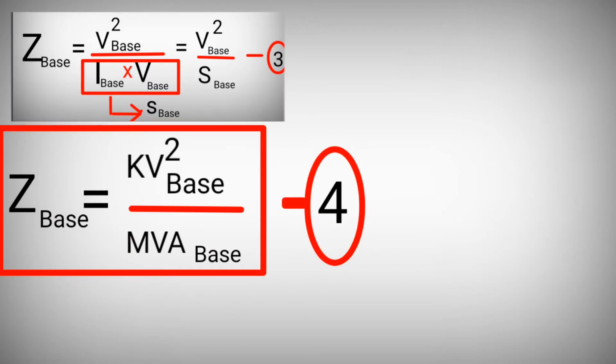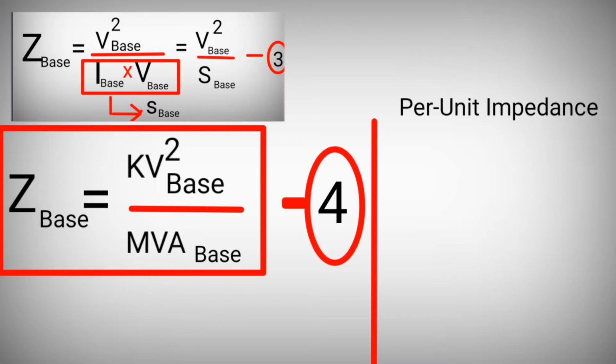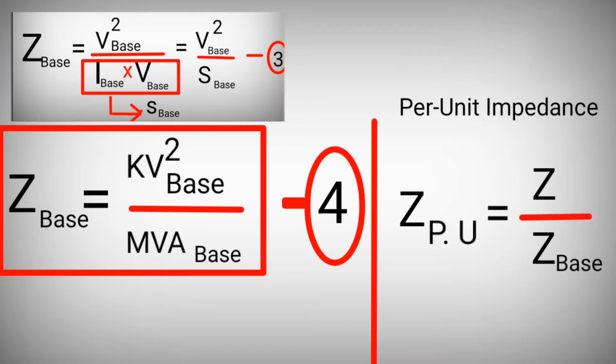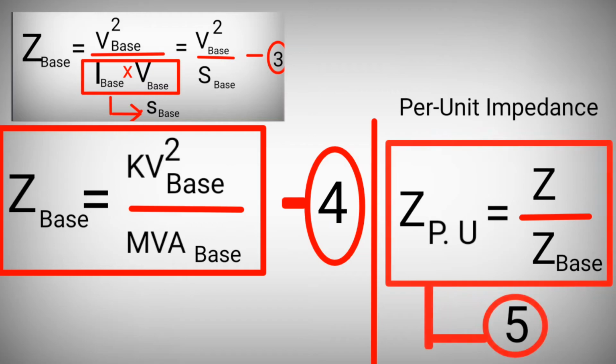Then the per unit impedance is given by Z per unit is equal to actual value of Z by the base value of Z, which is Z by Z base. And this is expression number 5.